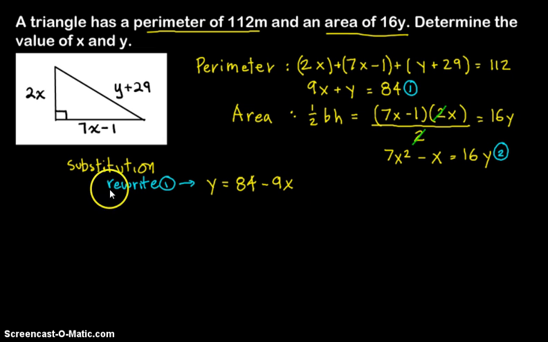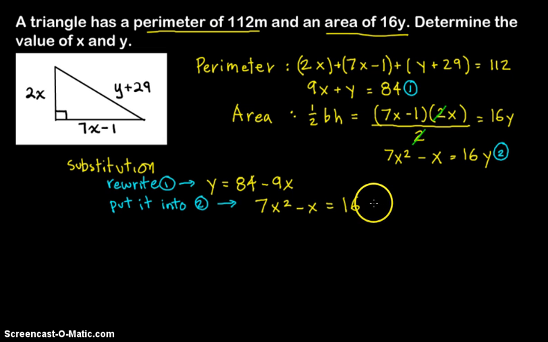Now I put it into 2, and what does that look like? Well, number 2 is 7x squared minus x equals 16y. And y in this case now, in brackets, is 84 minus 9x.